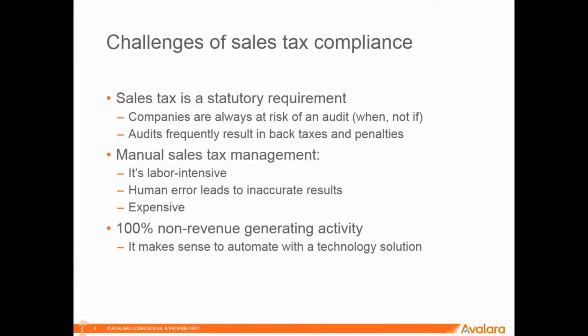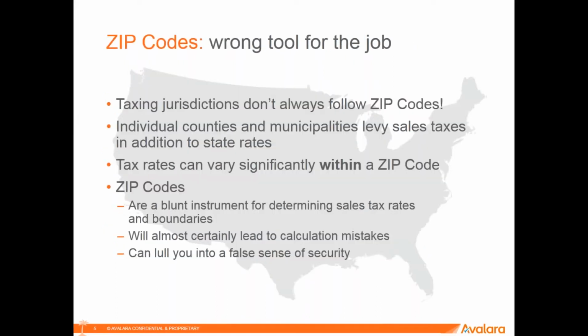If you've got, and we're going to talk about the exemption certificates, multiple people in the organization, maybe customer service, maybe even your sales teams handling those exempt certificates, at the end of the day an audit can become very expensive when you've got things kind of piecemealed out throughout the organization. So those are some of the challenges that you're having today. And again, of course, it's not something that's generating revenue for the organization.